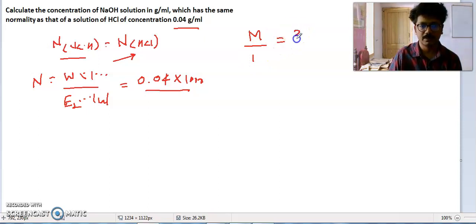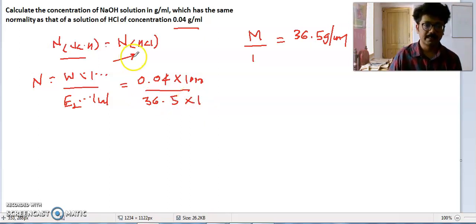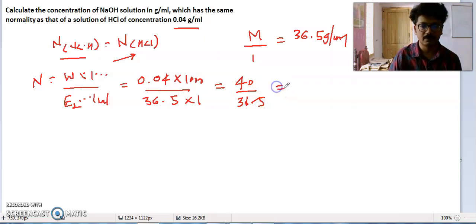So whatever the molecular mass, that is 36.5 gram per mole, we have to write here. So I am writing 36.5 multiplied by 1. What I get here is 40 divided by 36.5. That is the normality of the HCl solution.